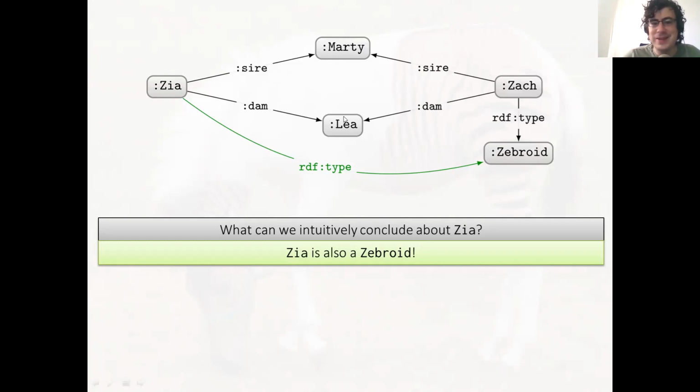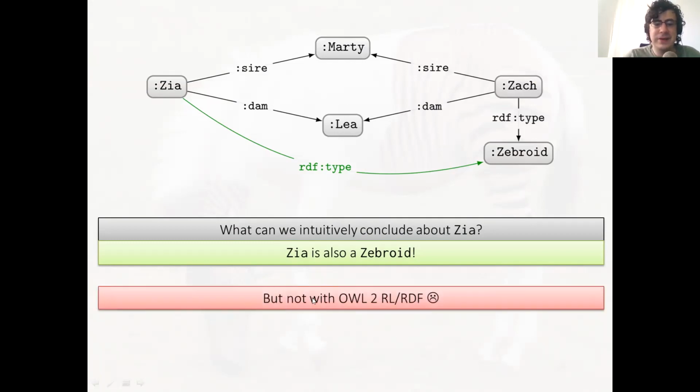Why? Because there's a disjunction here. There's somehow this idea that Marty might be the horse or non-zebra equine, and Leia might be, or one of them might be the zebra. We don't know which, so there's sort of like this implicit disjunction that either Leia is the zebra or Marty is the zebra, and the other one is the non-zebra equine. And we can't really model different possibilities like that with these rules. So we're not going to get this sort of inference with L2 or LRDF based on the definitions we saw previously, which is sad.